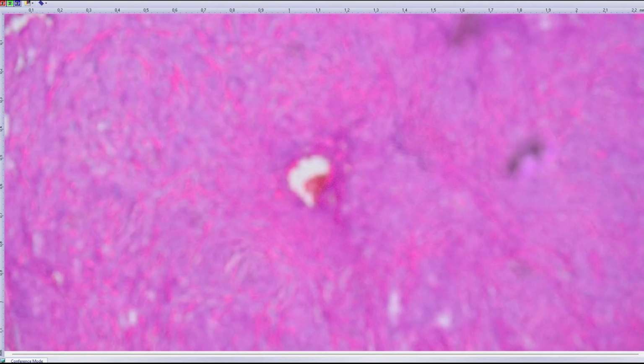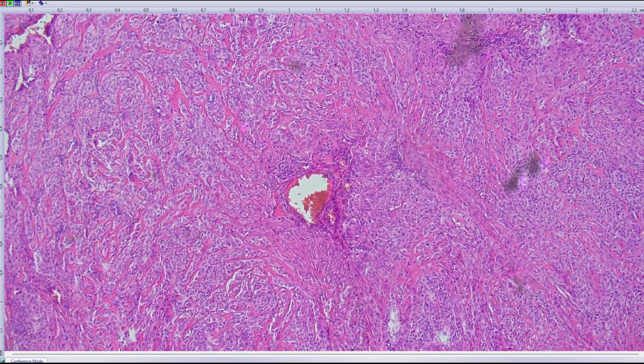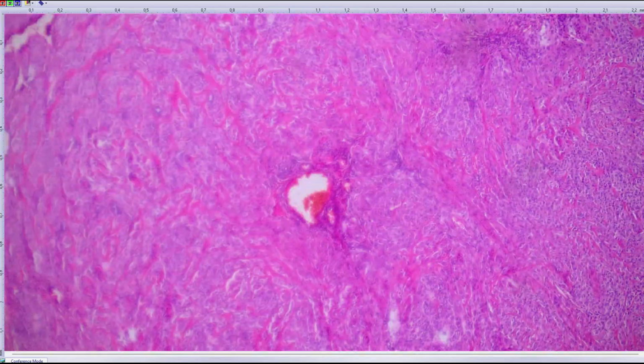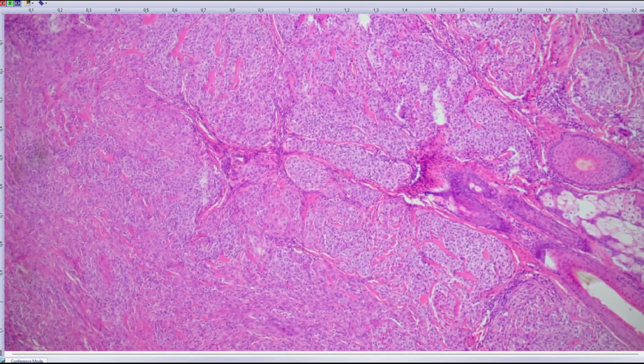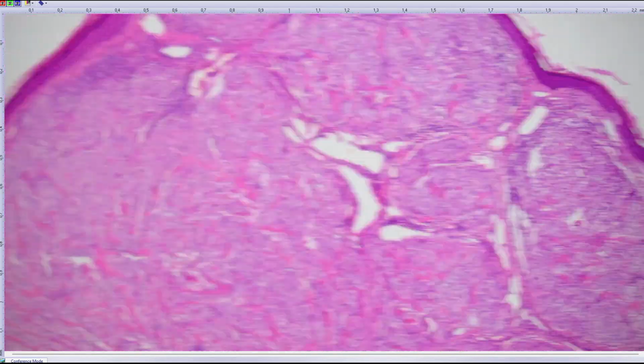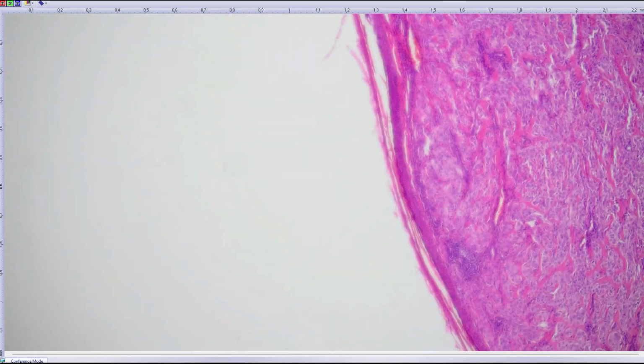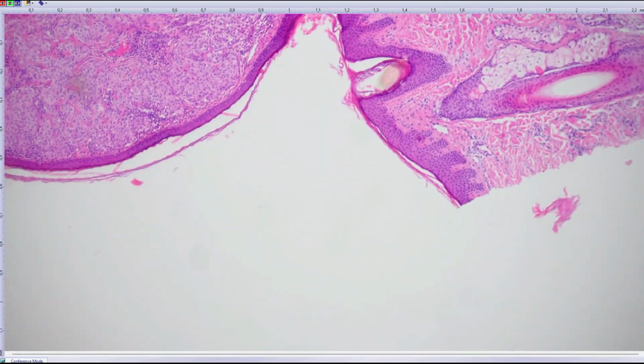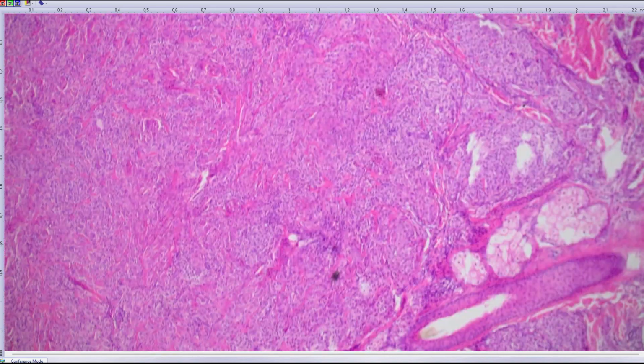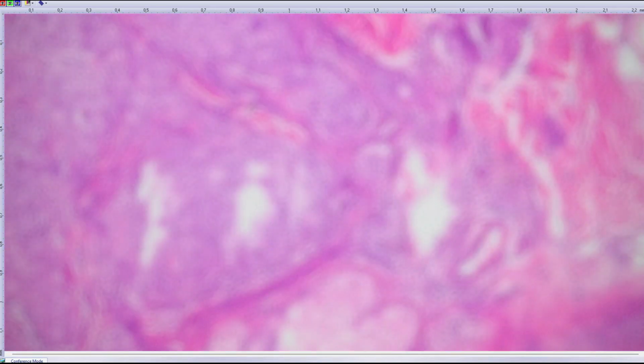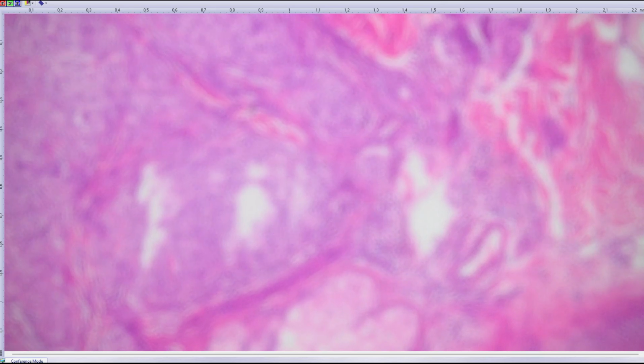Here I have a lesion of the skin. It's a very nice diagnosis made by my son. It's very circumscribed. It looks like something benign, but still not entirely.